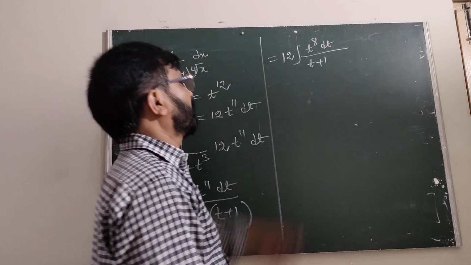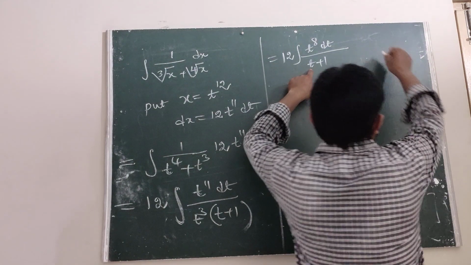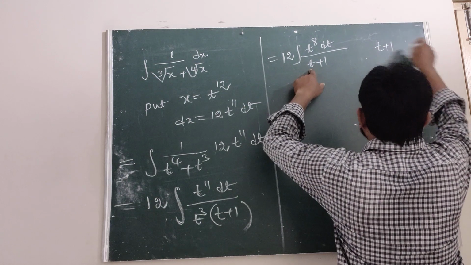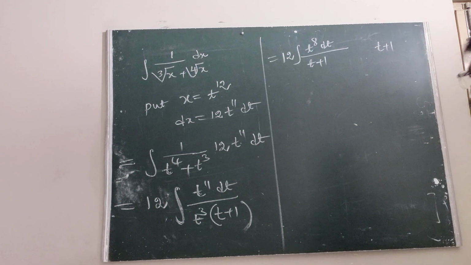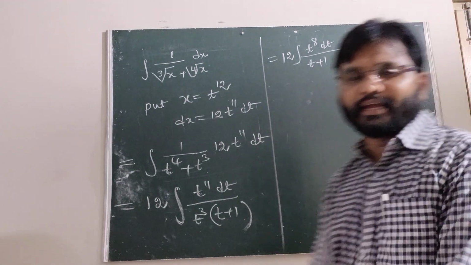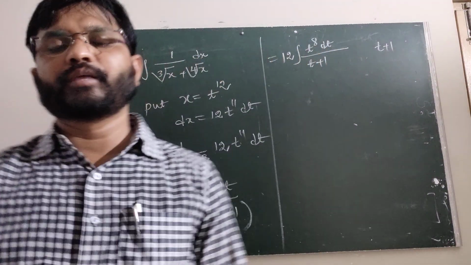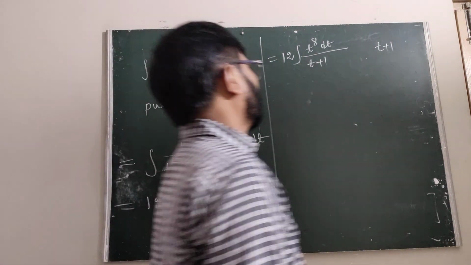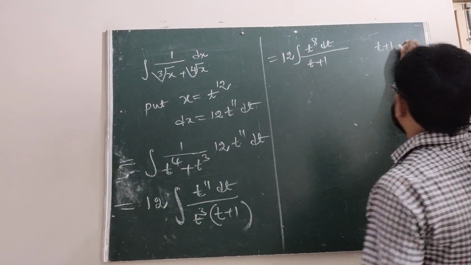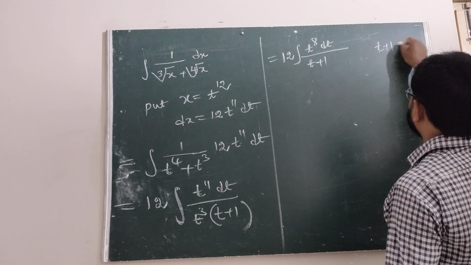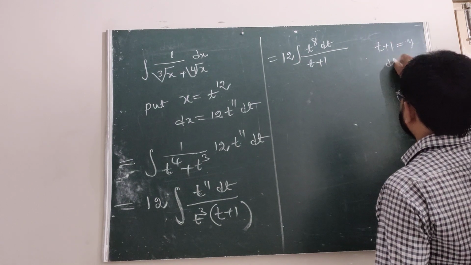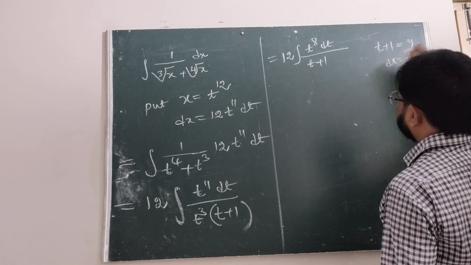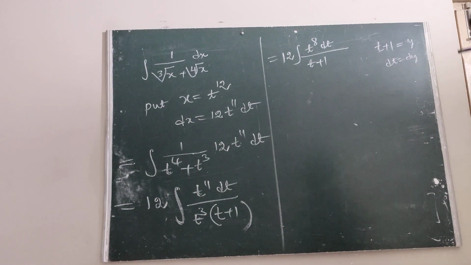Or another method is also there. Suppose we take t plus 1 equal to some y. Then t plus 1 equals y, therefore dt equals dy.